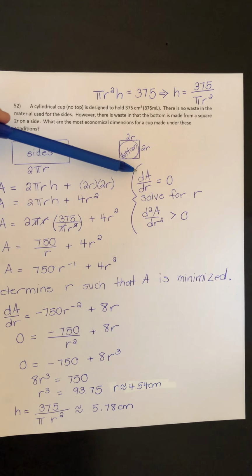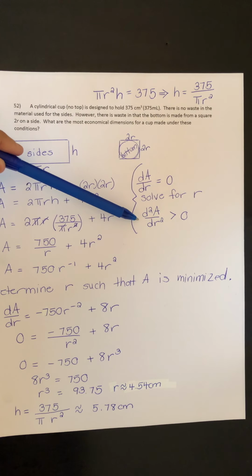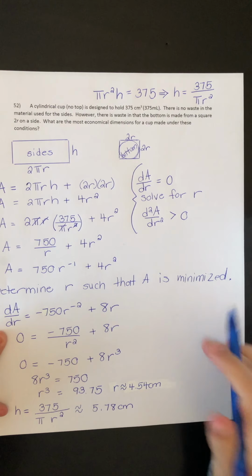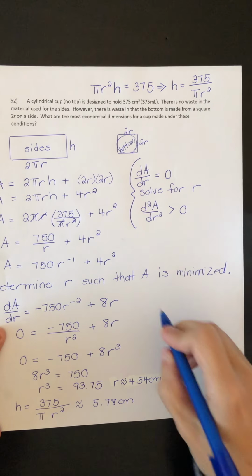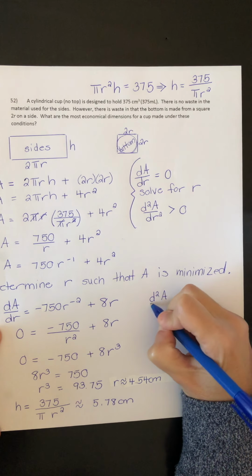Okay, so we took the derivative, set it equal to 0. We solved for the radius, and then in turn for the height. And now, can we do the second derivative test? Here's the first derivative. I think I have just enough room to include it here. What is the second derivative?